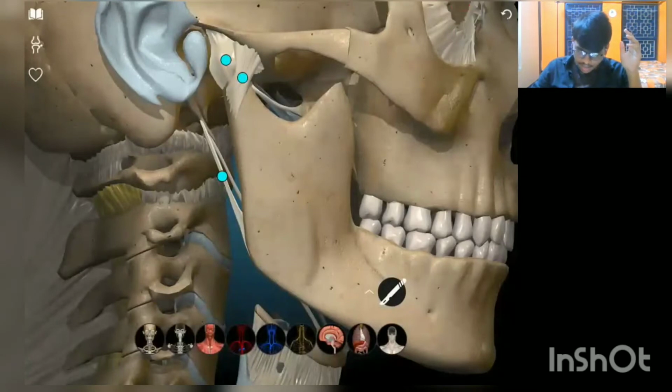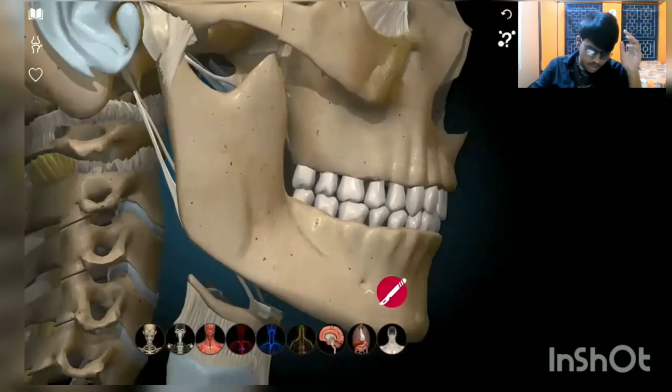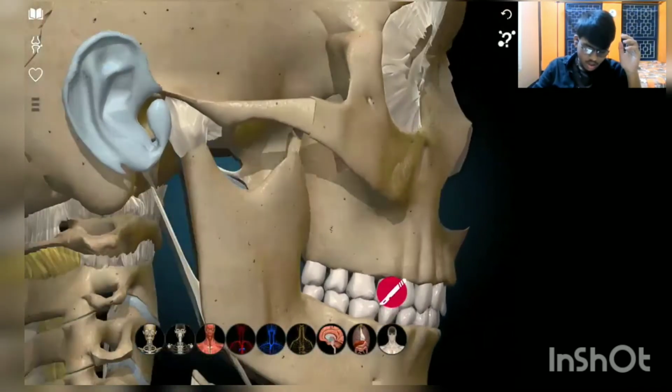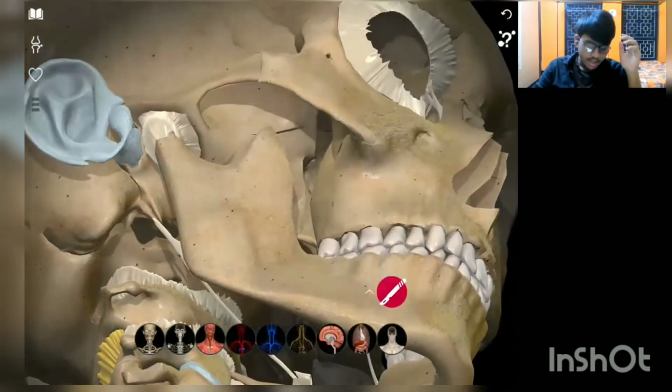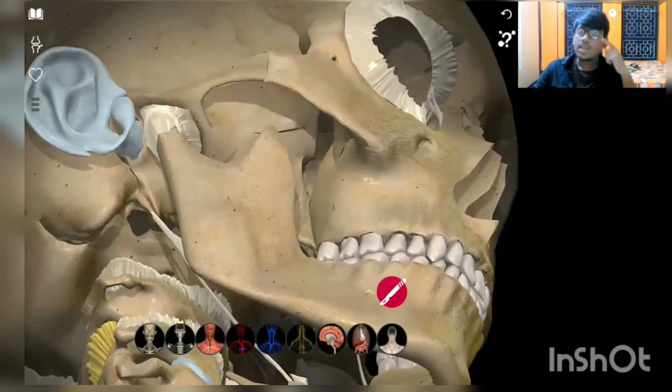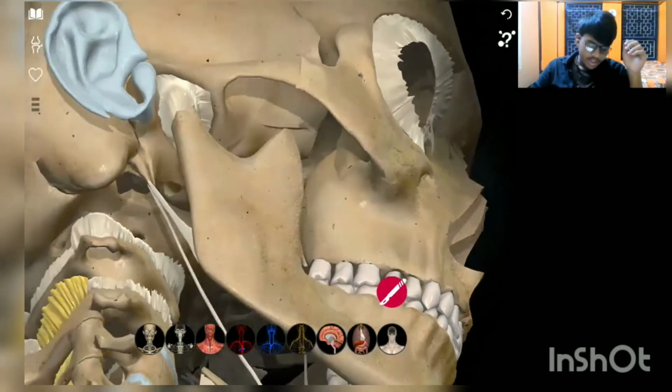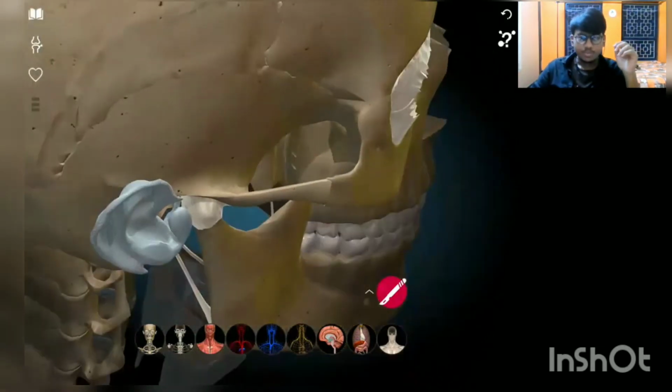What are the attachments of this capsular ligament? This is very much important according to your university exam. You can clearly see that the capsular ligament is attached in its upper surface to the articular tubercle in front, around the margin of the mandibular fossa, and posteriorly it is attached to the squamotympanic fissure.